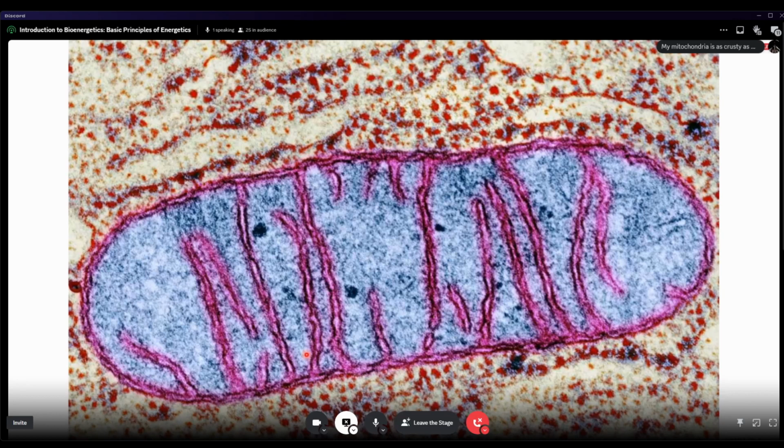So you have basically four, five important markers to remember in a mitochondria, which is the outer membrane, the outer layer here, the intermembrane space, which is the space between the inner and outer membranes.